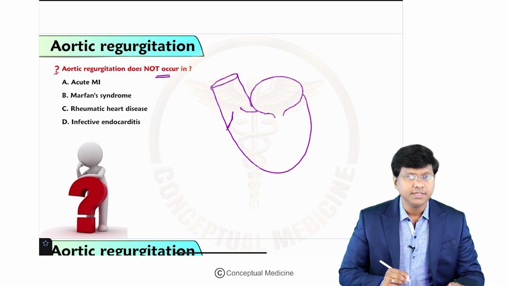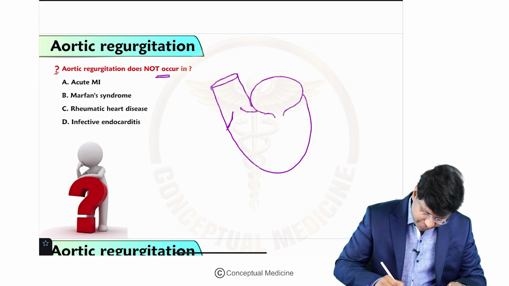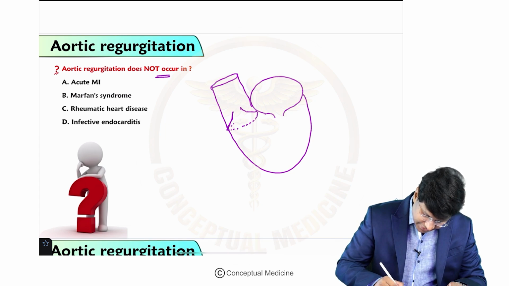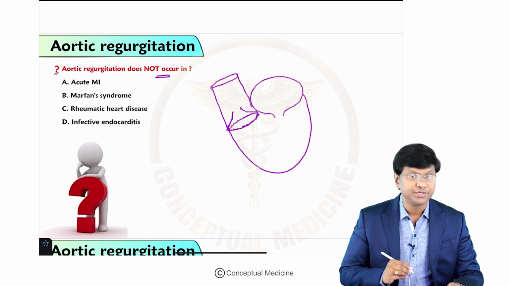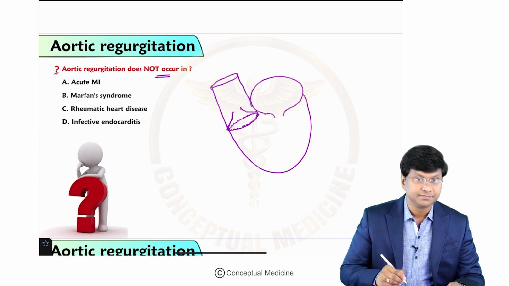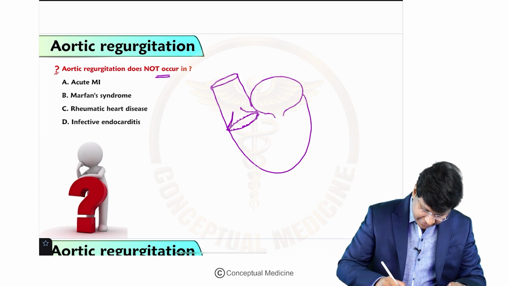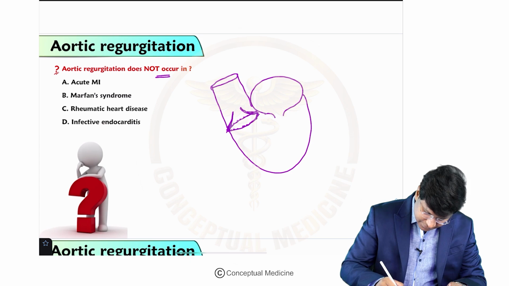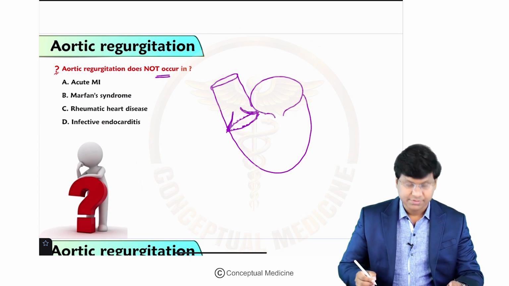In this aortic valve you have two components. One is the aortic valve annulus, and then you have the valves.